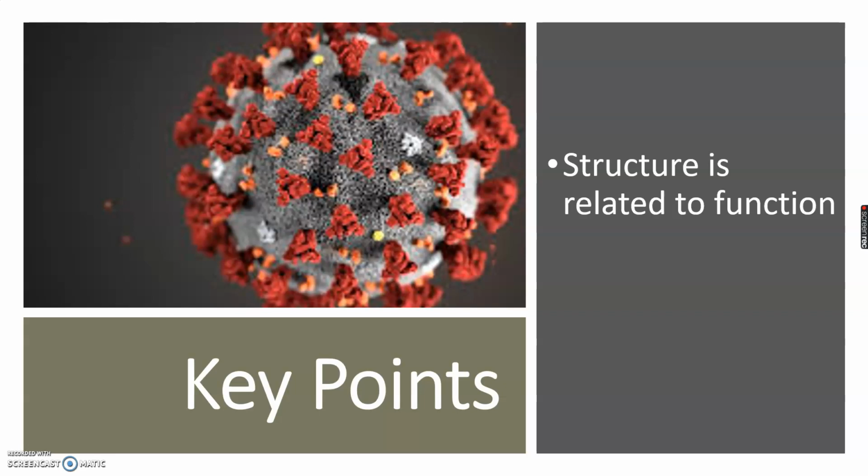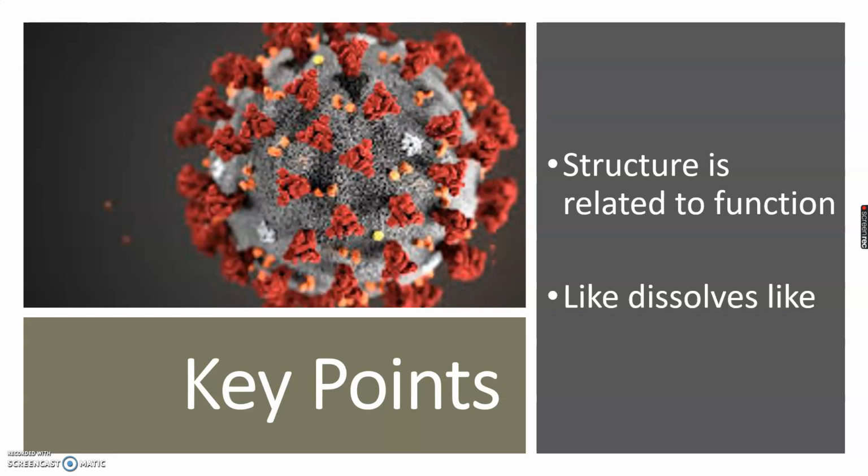And the more we can learn about the structure of the coronavirus, the more we can understand how it functions, and the more we know about how it functions, the more we can implement strategies to defend ourselves against it, but also help the pharmaceutical community come up with different treatments and ways to fight the virus.